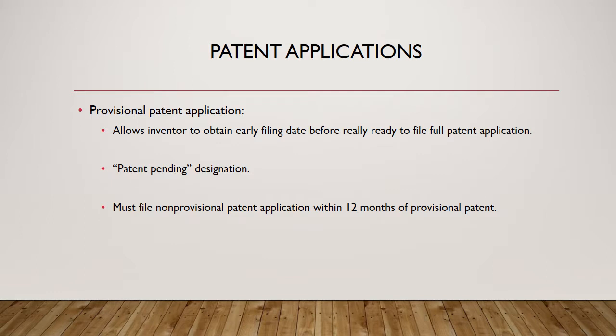That means you're in the process of still filling out your non-provisional application, submitting it, and going through the processes we'll talk about on the next few slides. So a provisional patent is really just the opportunity for an inventor to secure their patent date while they finalize everything with the product as well as their application.